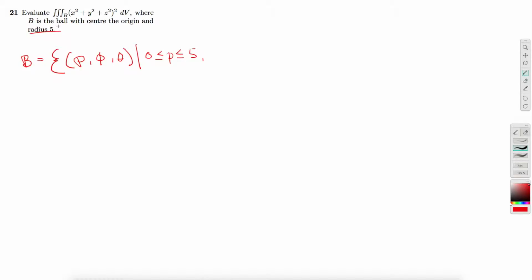We know we're dealing with a ball, and if we're dealing with a ball, our phi goes from the top value to the bottom value, so 0 to pi. And theta is just going to be 2 pi because we're going right around a circle, so 0 is less than or equal to theta, which is less than or equal to 2 pi.